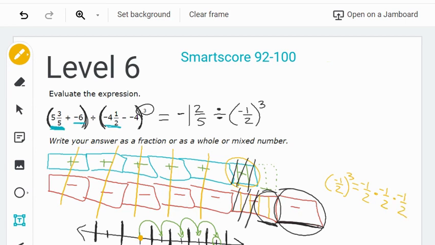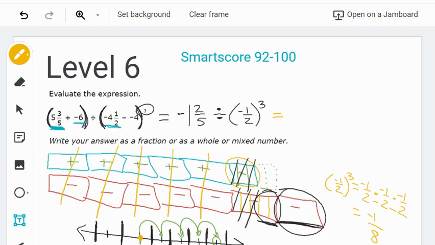Again, you multiply the tops. So -1 times -1 times -1 is -1, right? Because the first two -1s make +1. Multiplied by another -1, you get -1. And 2 times 2 times 2. So 2 times 2 is 4, times another 2 is 8. So -1/8 is what that becomes.